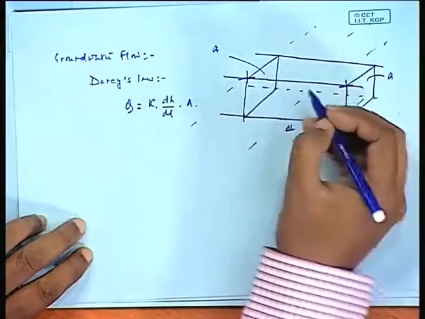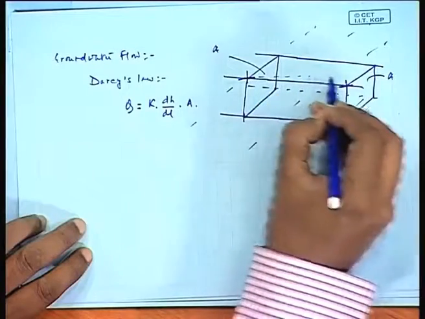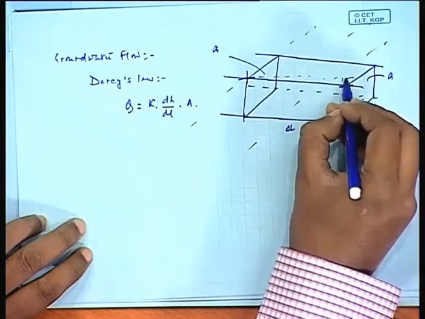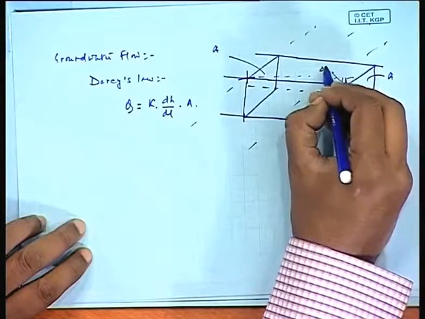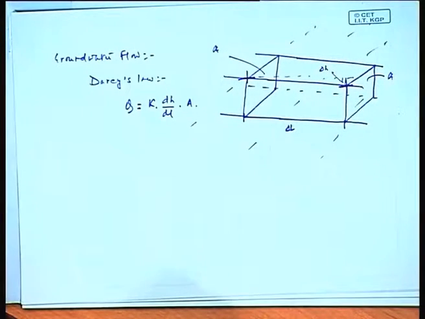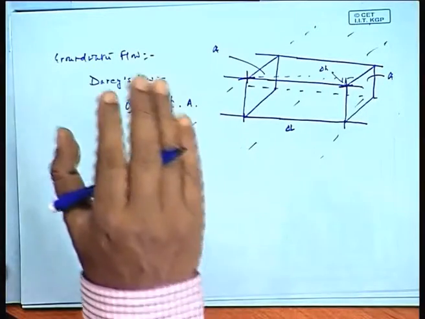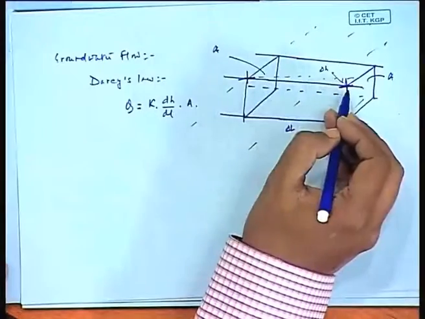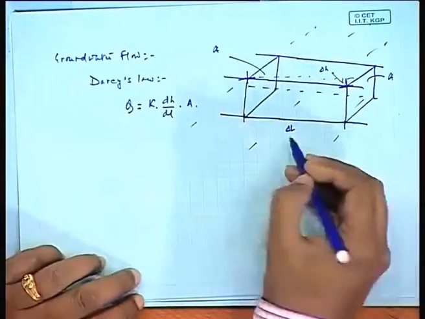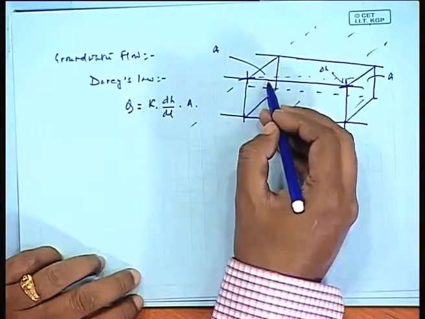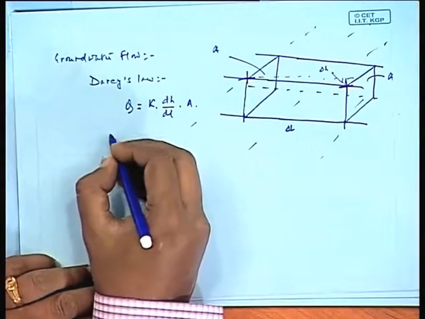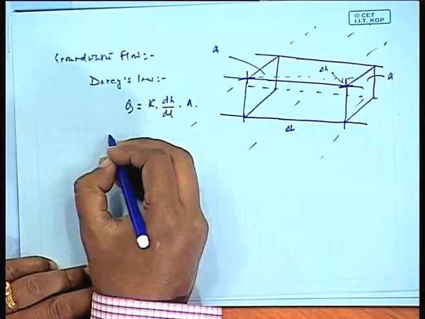You find out this would give you the hydraulic gradient, and this would give you the del H, the difference of the water level in the aquifer. And del L is known, area is known, and the quantity of flow, this is Q.